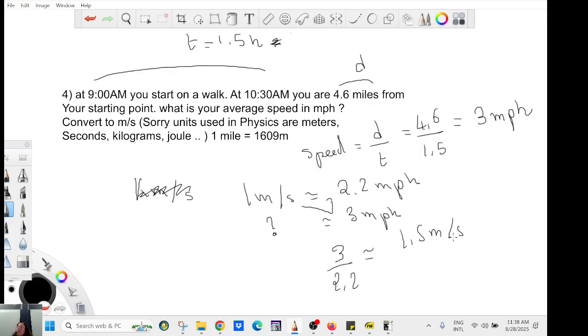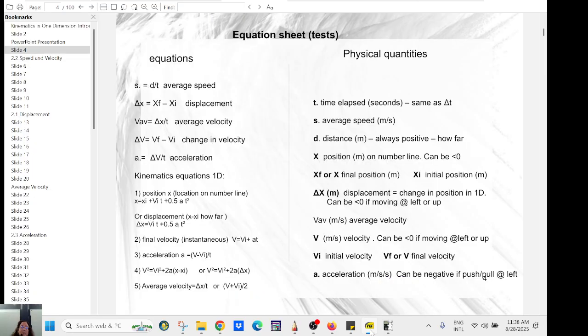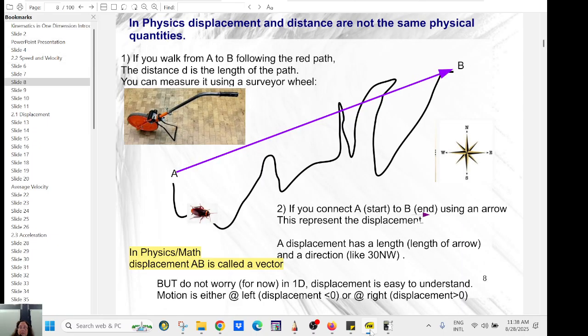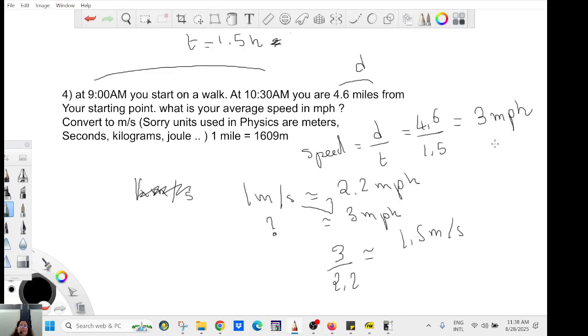Closer to 1.4, right? Because the actual result is 1.36. So where is my conversion? Oh, I closed it. But 1 meter per second is about 2.2 miles per hour. Is that clear? At least this is the average.